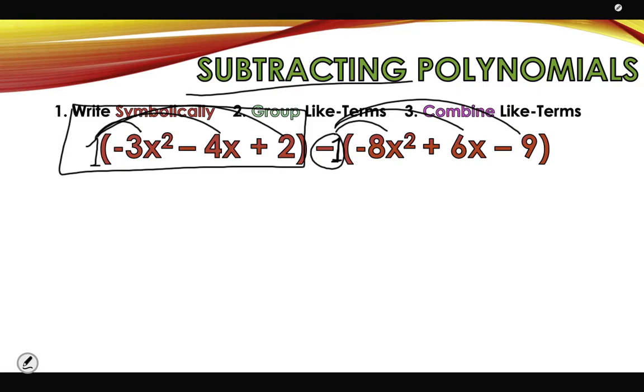When we distribute +1, what we are actually saying is +1 multiplied by -3x squared. And then we are going, let's subtract 1 multiplied by 4x, and let's add 1 multiplied by 2.